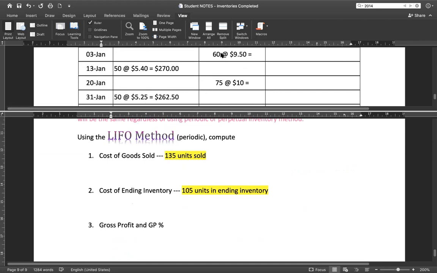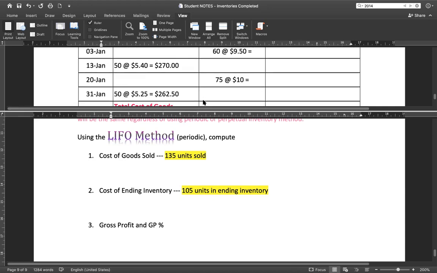So even though these sales were made on the 3rd of January, we are going to cost them starting with the most recent costs at the end of the period. So here we go. The cost of the 135 units is going to be... a little bit wrong. All right, we start off here with these 50 units.